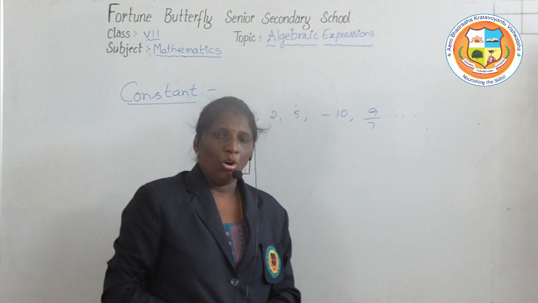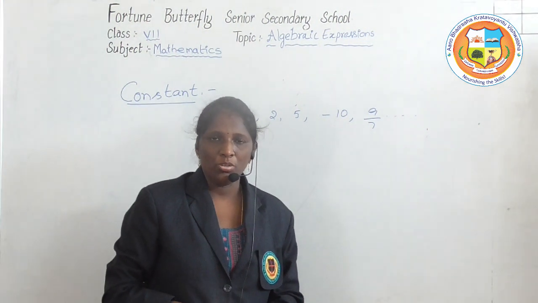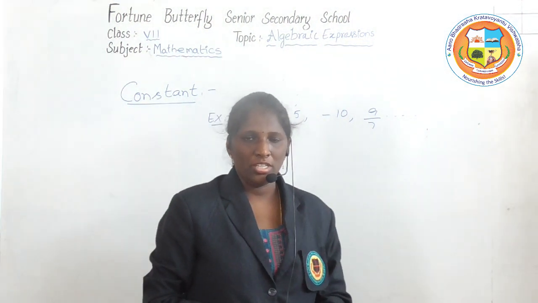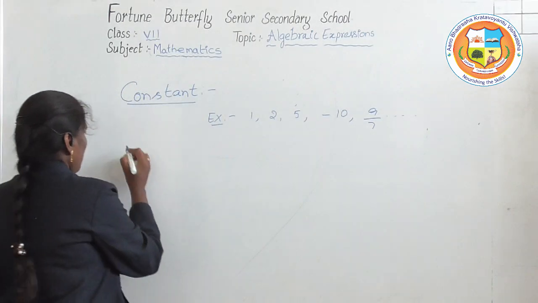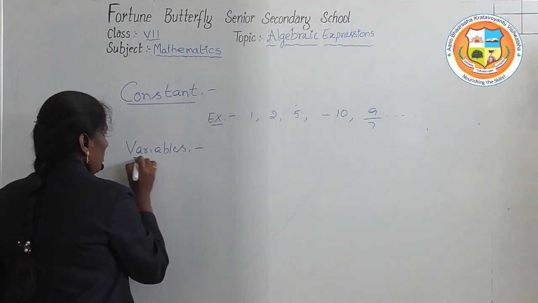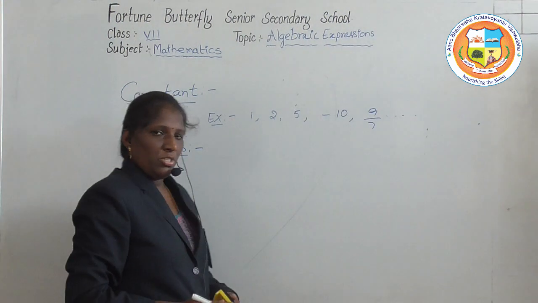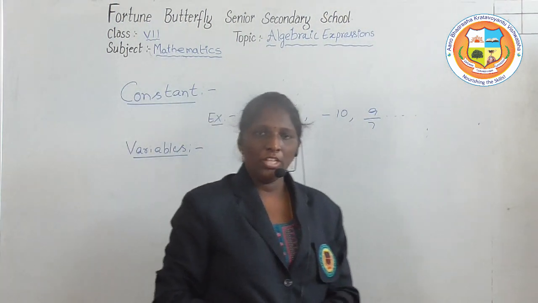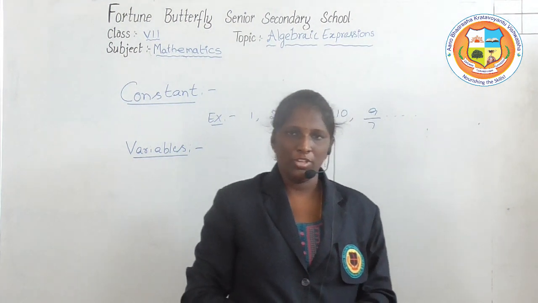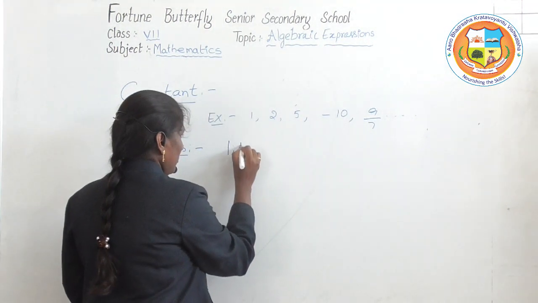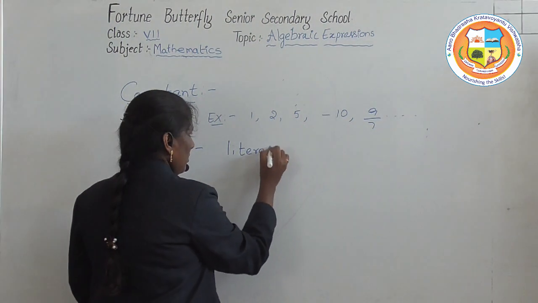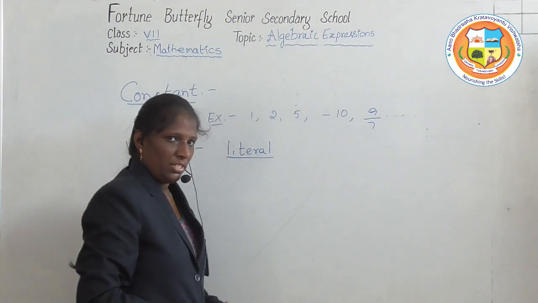Now here, all numbers, natural numbers, whole numbers, integers, rational numbers, these all are called constants only. Next one is variables. The symbol which has various numerical values is called a variable. A variable is also called a literal.